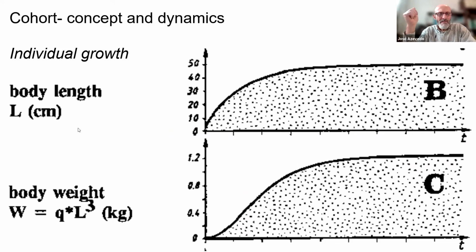Now, if you look again at the individual animal, you will see that as the animal grows, its size with time follows this function of the von Bertalanffy equation, so that at some stage size stabilizes, and of course at some stage weight also stabilizes, although weight has an exponential growth initially, and then it tends towards this asymptote, tends to stabilize also.